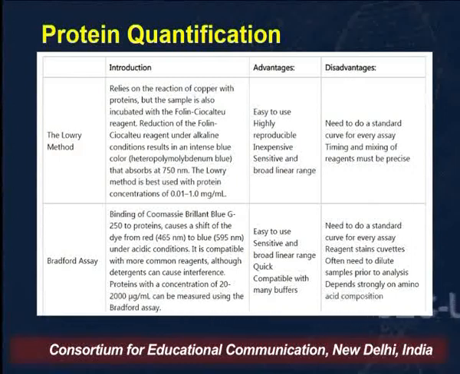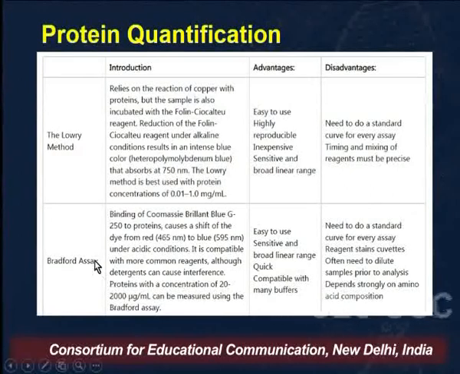It is an inexpensive and routine technique, but it can detect only 0.01 to 1 mg per ml. So the detection limit is not very low, but it is an advantageous method. The disadvantage is that because of the buffer systems, the protein can be denatured, and as I said, there is a limitation: you cannot detect smaller proteins, etc.